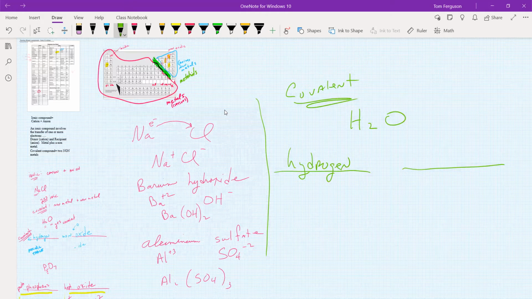And the second one is an ide. So oxygen as an ide. If you look on the ion chart, oxygen is what? Look on the top right. What is it called?